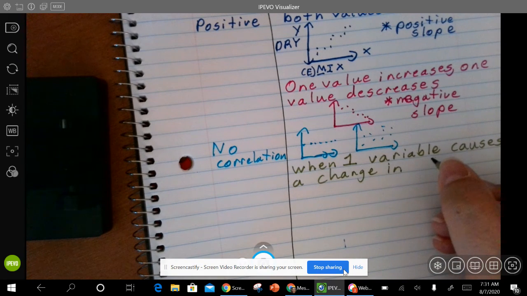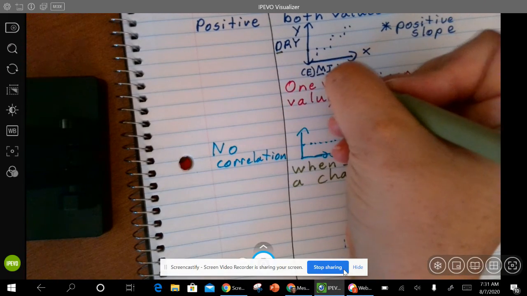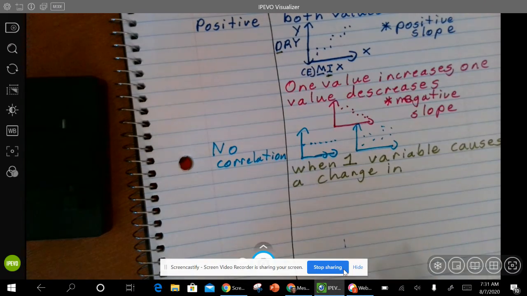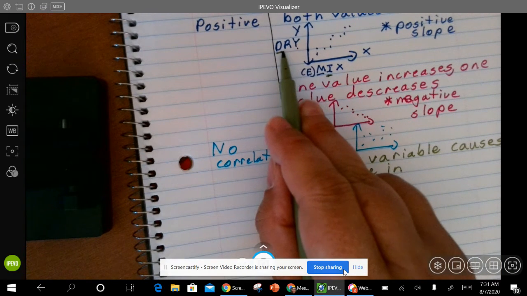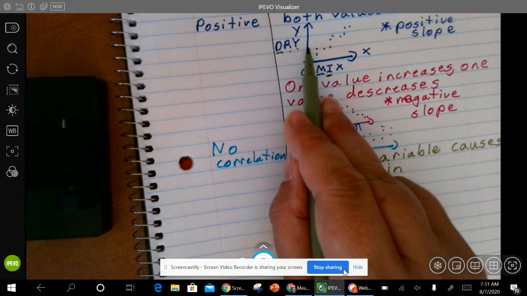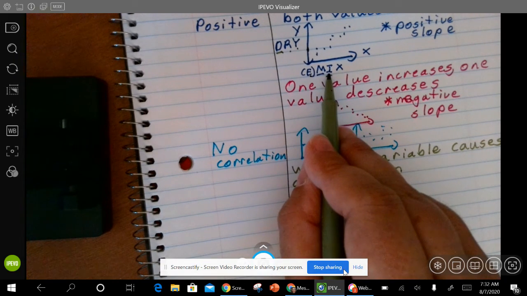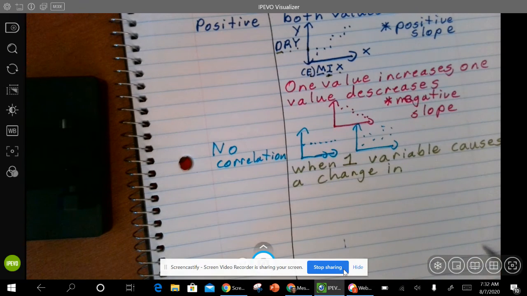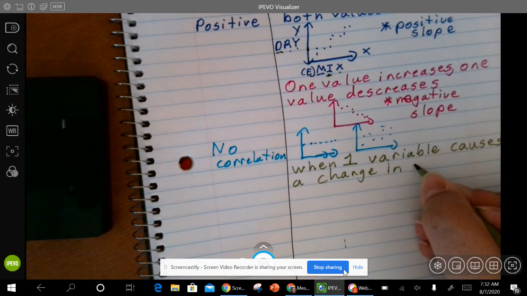So the independent variable causes a change in the dependent. So you see up here the DRY MIX, so that I and D. And with the dry mix, everybody, the dependent variable, the responsive variable, is on the y-axis. And the explanatory variable, independent variable, is on the x-axis. Okay. So it causes it to change.